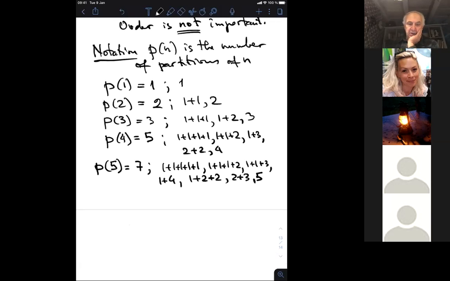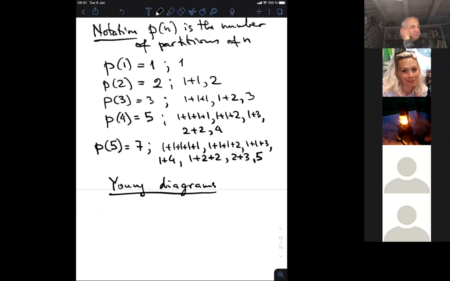And a very important gadget associated to a partition is the Young diagram. Young diagrams are more or less the same thing as partitions, but they are a more illustrative representation of a partition.